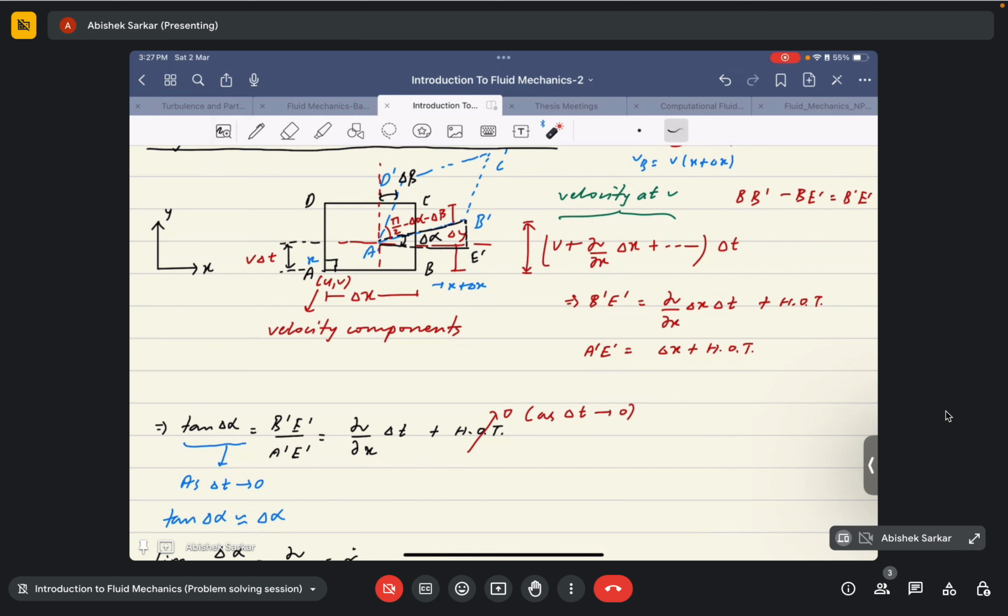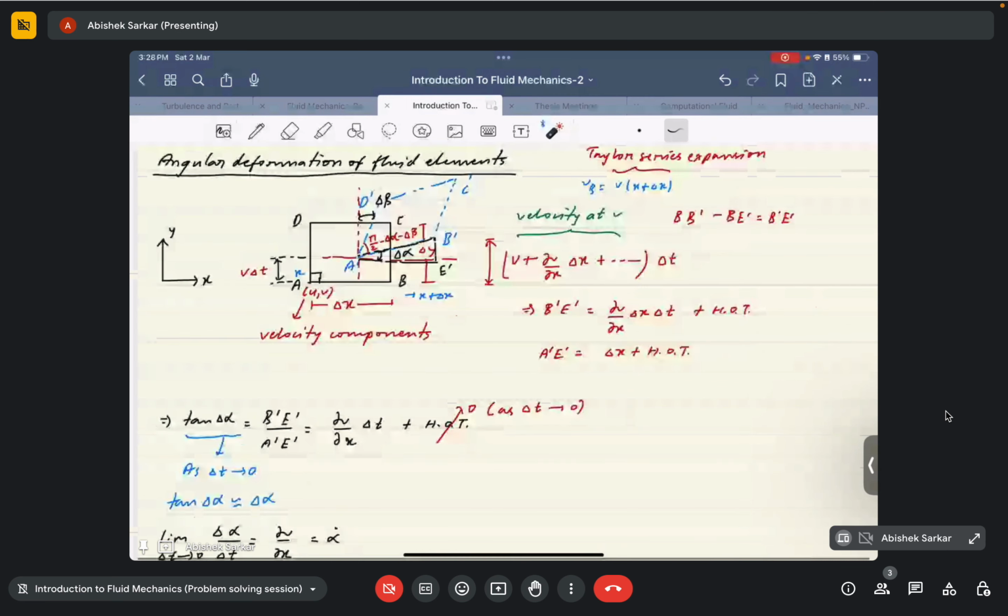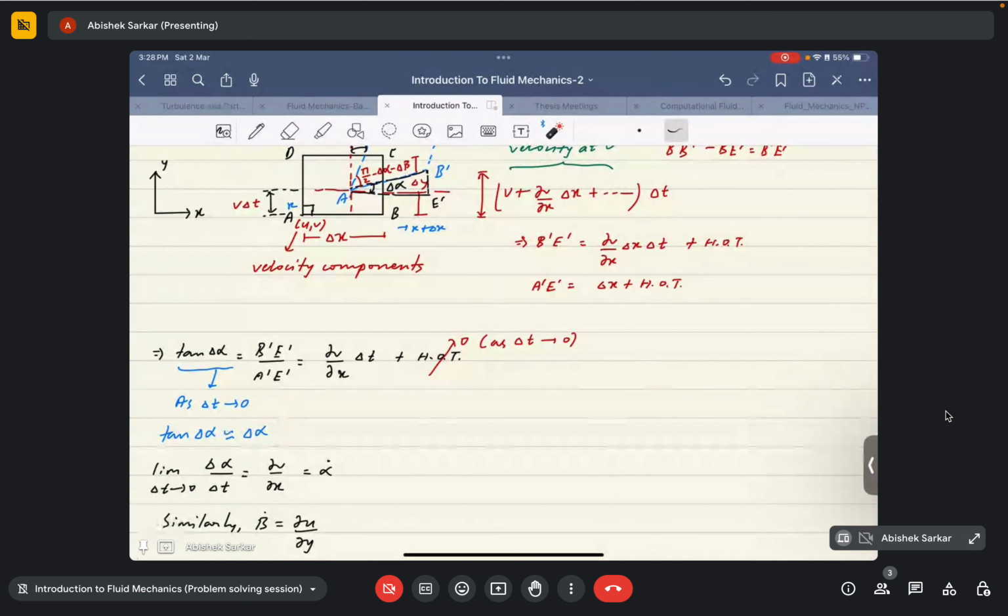Then we just divide this from this to get tan delta alpha equal to dou v by dou x delta t, and again plus some higher order terms. Now if we consider this approximation, then this angle delta alpha is again very small. Then we can effectively consider tan delta alpha to be equivalent to delta alpha.